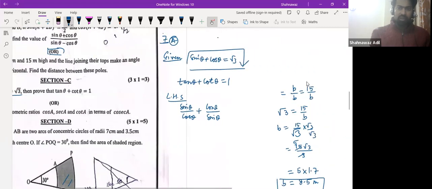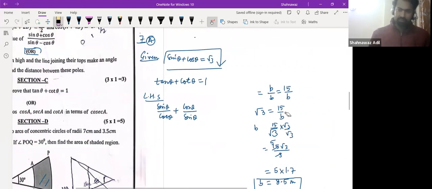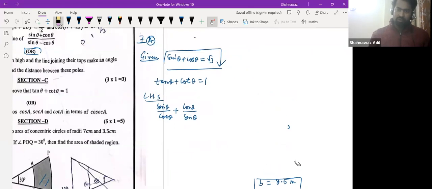Okay, so now, what is this thing? So sine theta into cos theta, that would be your LCM, right? And then this thing is how much?